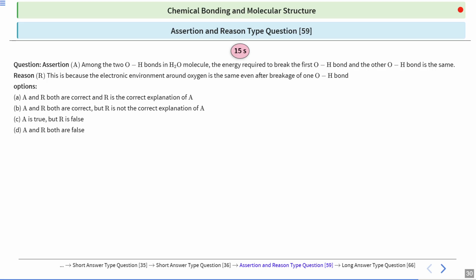And the reason given is that the electronic environment around oxygen is the same for the breaking of both bonds. You have to decide whether the assertion is correct, whether the reason is correct, and whether the reason is correctly explaining the assertion. Your time starts now. It's a very easy one. We have already talked about it.